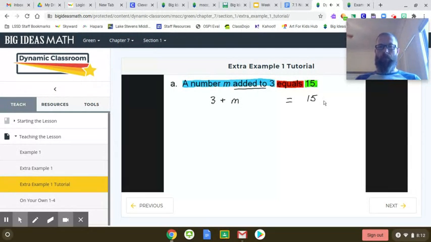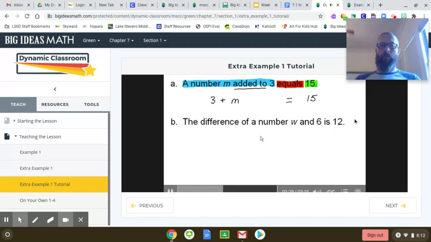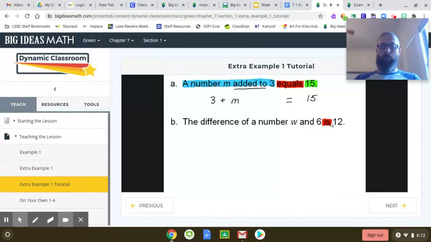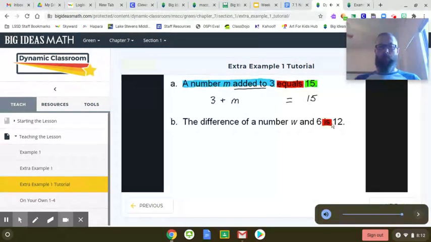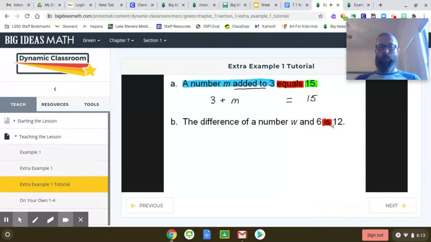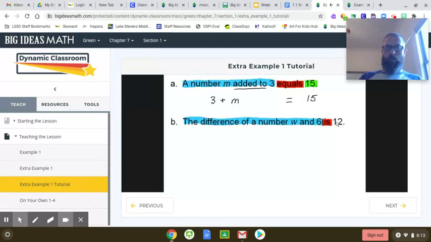Now let's look at another example. The difference of a number w and 6 is 12. First, let's find the word or phrase that represents the equal sign. Is is the word that represents the equal sign. Now let's identify the two expressions in the equation. The first is the difference of a number w and 6. The second expression is 12.